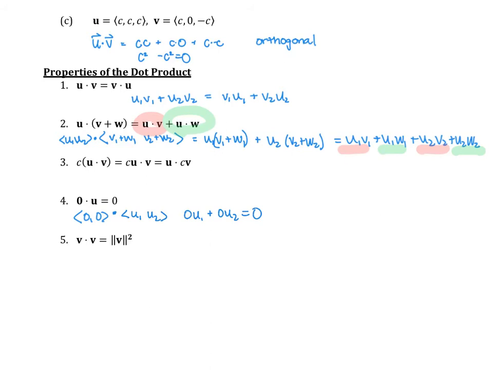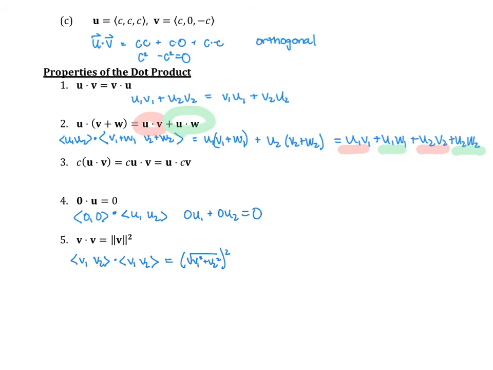Okay, last one. If we have v dot v, let's give these names, v1, v2, dot product with v1, v2, it should equal the magnitude of v squared. We know the magnitude of v is the square root of v1 squared plus v2 squared, but I'm squaring it.